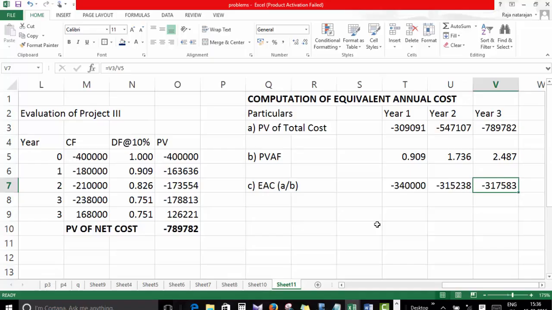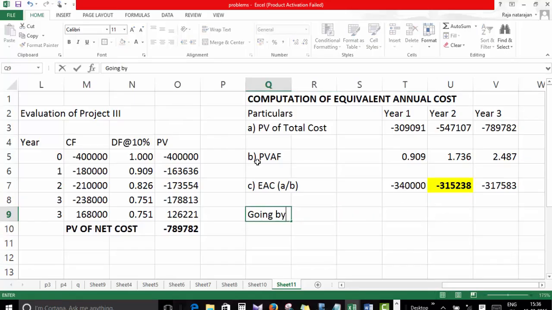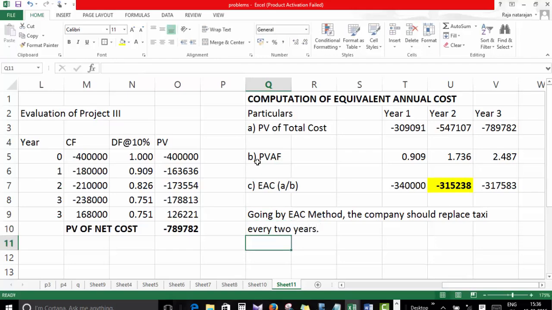Now we can go by the year where our present value of cost per annum or equivalent annual cost is going to be lesser, and that happens only in second year. Okay, so we can say that going by equivalent annual cost method, the company should replace taxi every 2 years. Thank you.